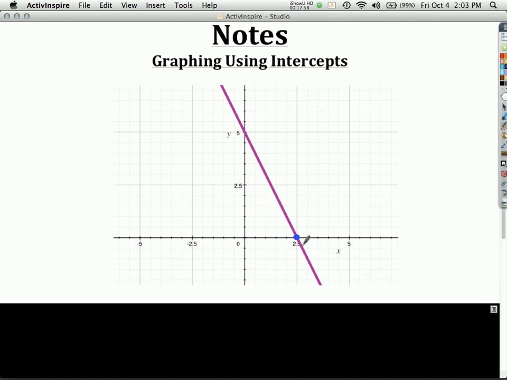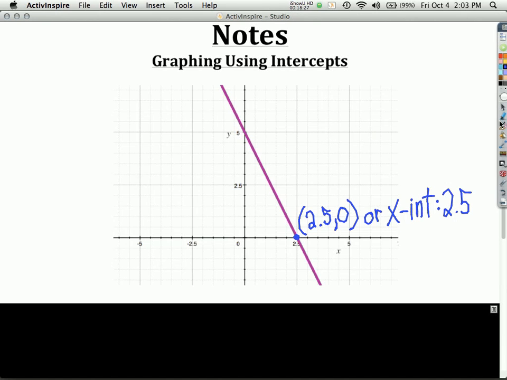The coordinates of this point are 2.5, 0. So we would say that the x-intercept for this graph is 2.5, 0. You will also often hear it said as the x-intercept is 2.5.